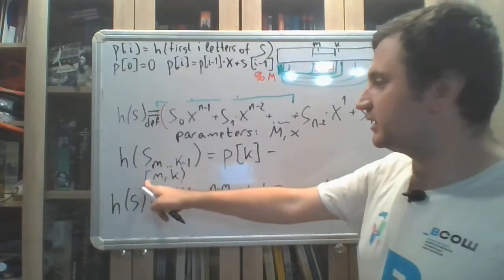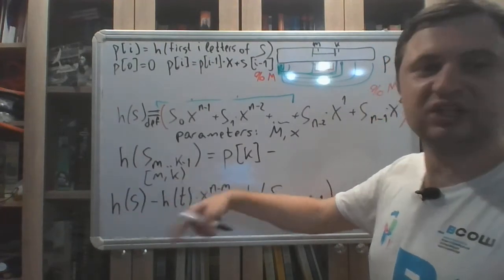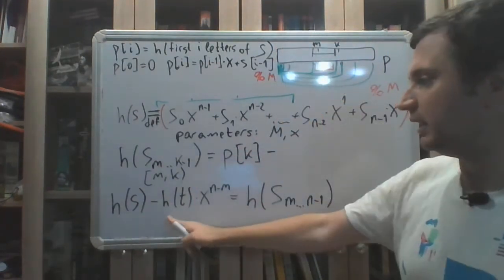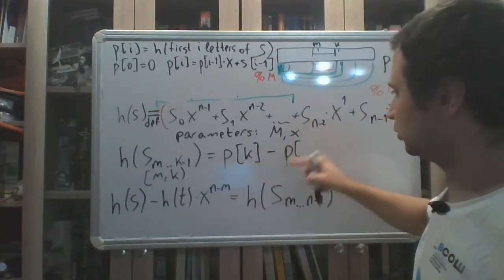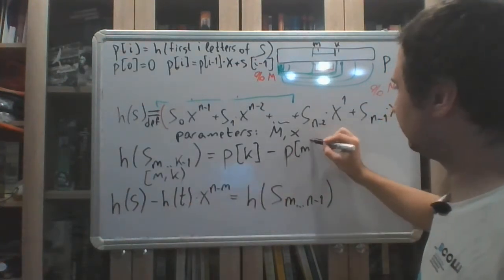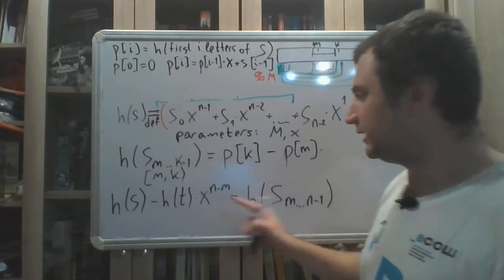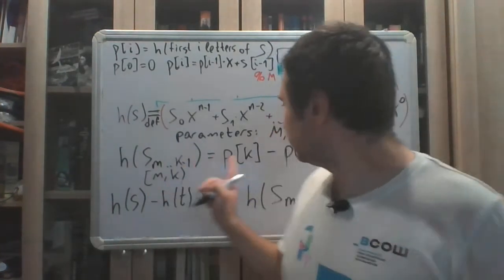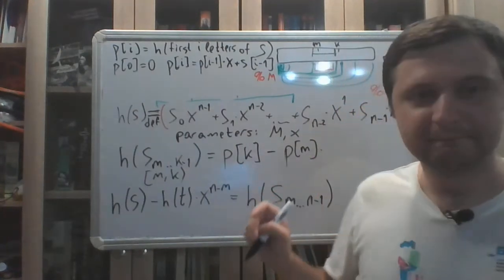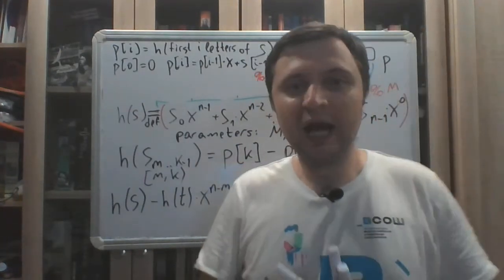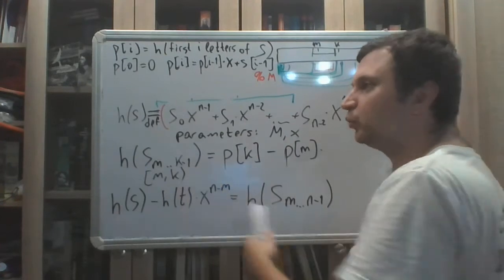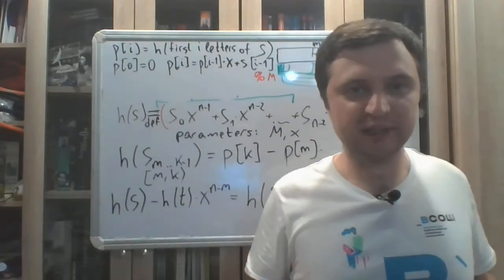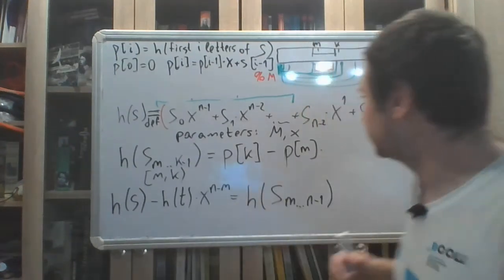So this substring is the difference between the prefix of length k and the prefix of length m, and the formula is that simple. So we take the prefix of length m and we multiply it by what? By x to the power k minus m. If now I want this formula to work extra quick, I want this formula to give me the result instantaneously.